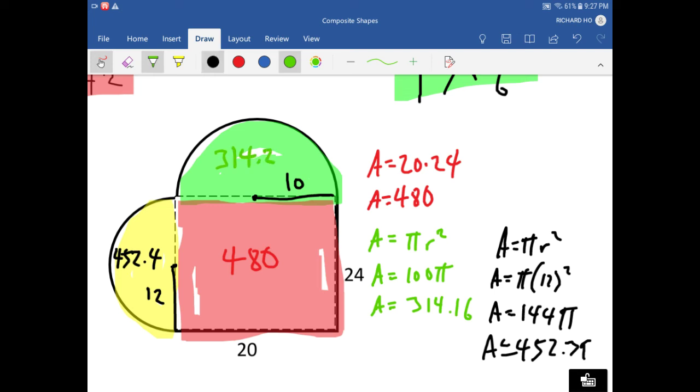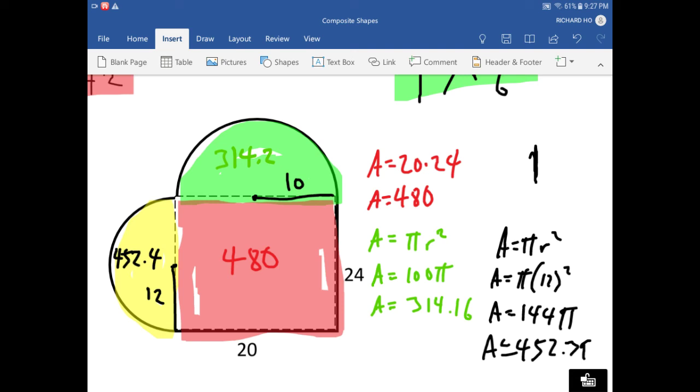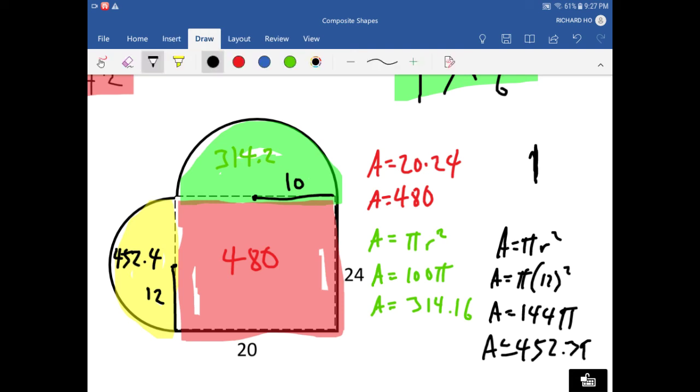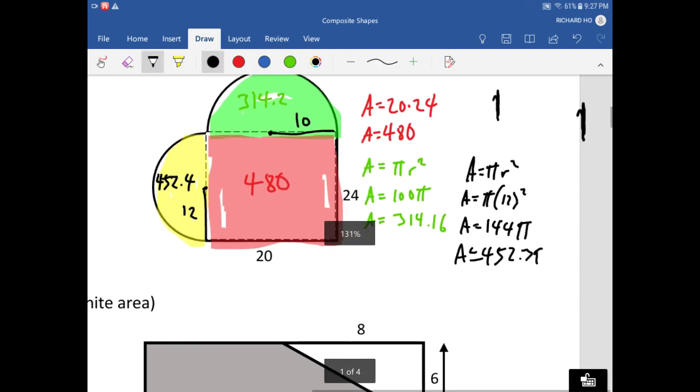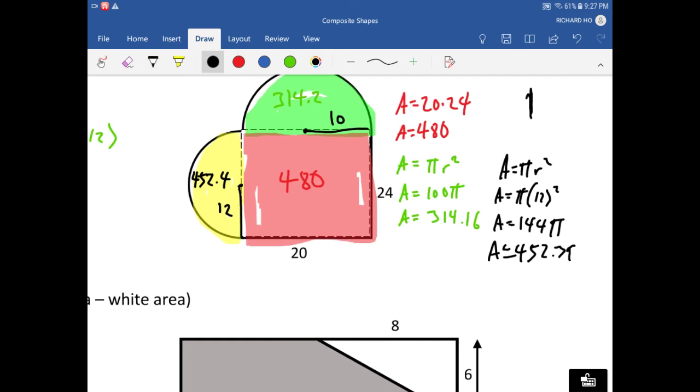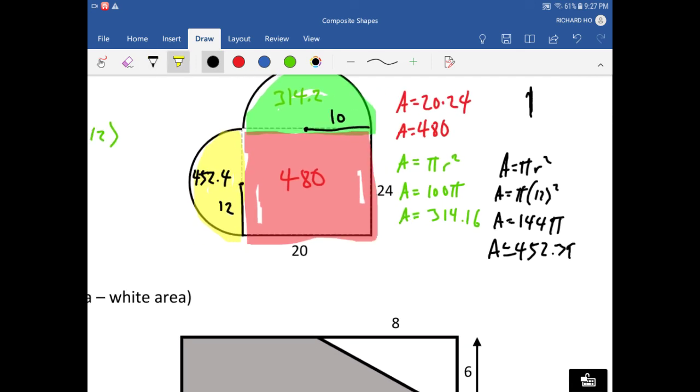So just add those three up and you'll have your answer. Trying to scroll. Bear with me. There it is. Okay, so add those three numbers up, you'll have that answer.